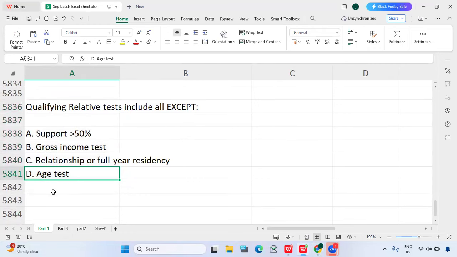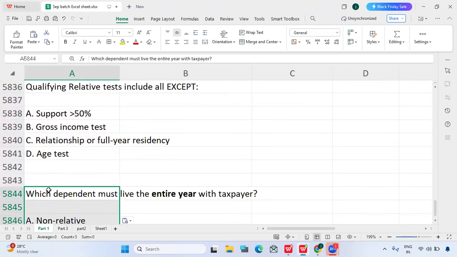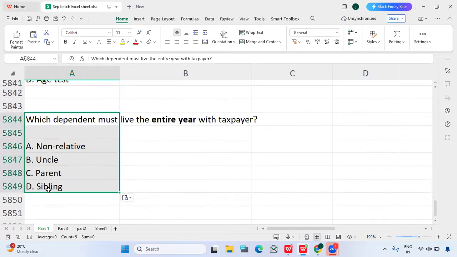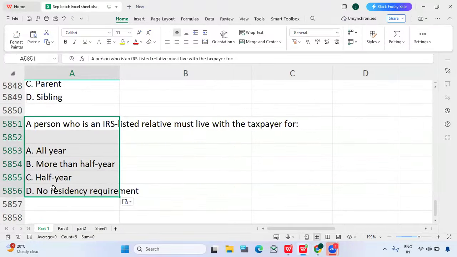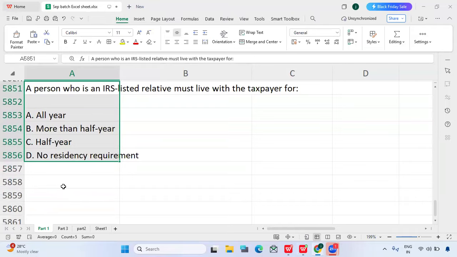For children there is an age limit, but for a relative, no age limit. A dependent must live the entire year with the taxpayer when non-relative, and a person who is on the IRS approved list must live with the taxpayer. So what is the answer? No residency requirement.